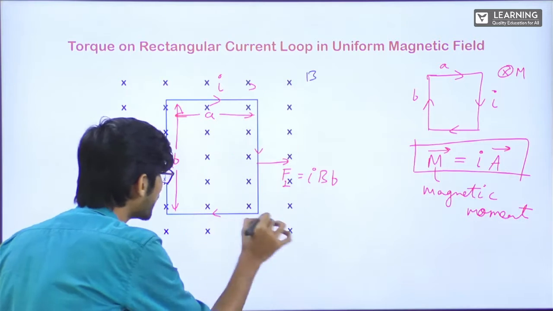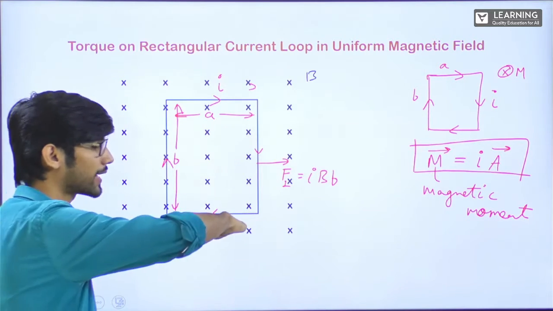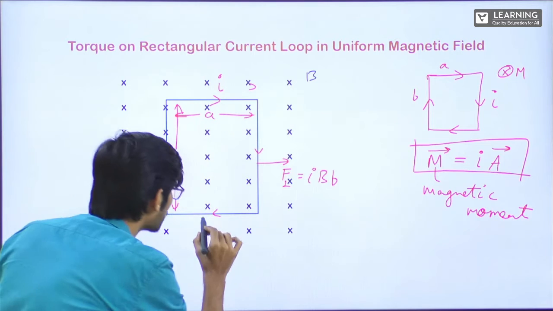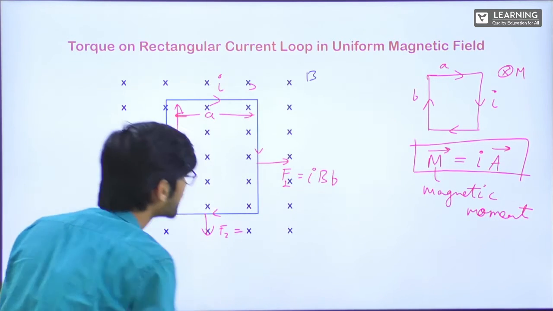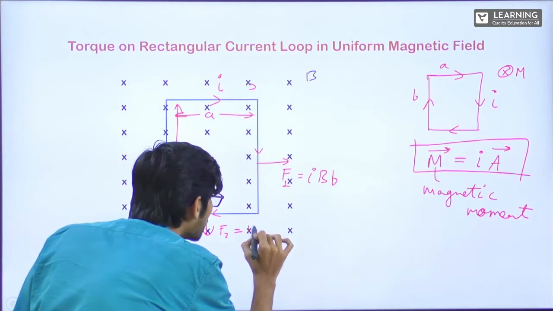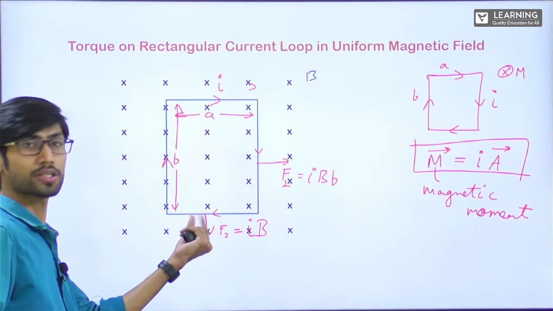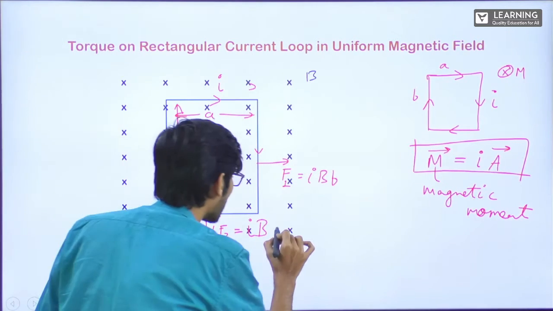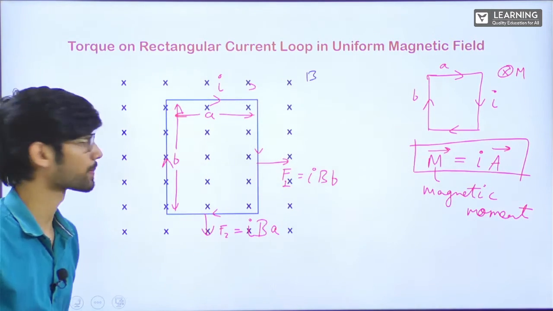Here on this wire, the force will be, fingers in the direction of magnetic field, thumb in the direction of current, downwards. So on this complete wire, the force is downwards. That is, let's say F2, that is equal to I into magnetic field into the length of this wire, I B L, that is a. Correct? It's a rectangular loop. Whatever length is this, the same length is this.